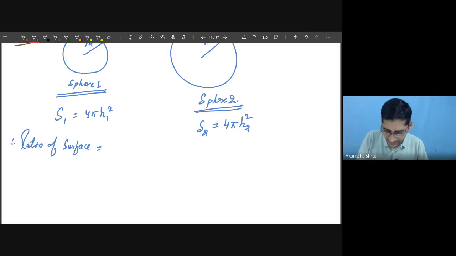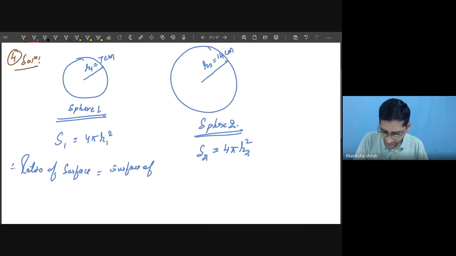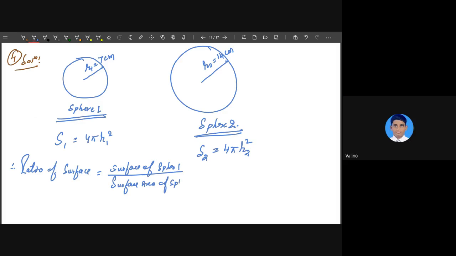Ratio means the surface area of sphere 1 by the surface area of sphere 2, balloon 1 by balloon 2.